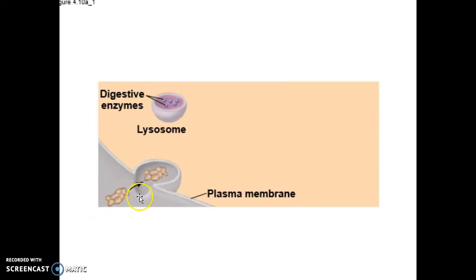It can only do so by an invagination of the plasma membrane. The invagination of the plasma membrane results in this food particle being enclosed in a sac-like environment made up of plasma membrane. This thing is called a food vacuole.